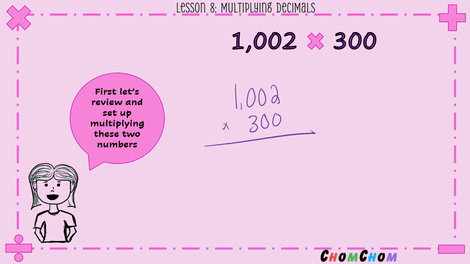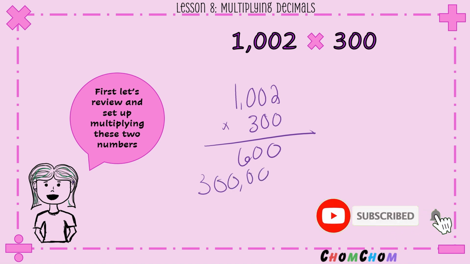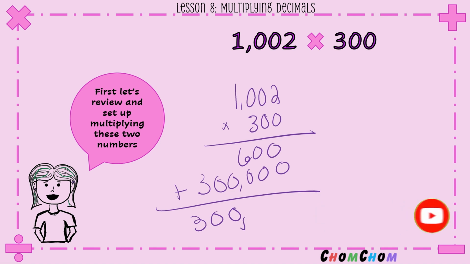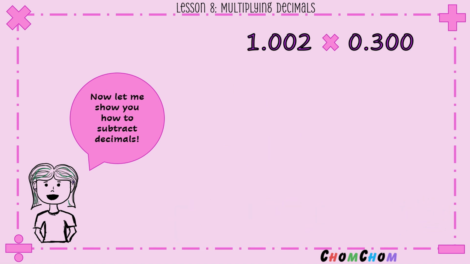Okay, so first we do 2 times 300, which is going to be 600, plus 1000 times 300, which is going to be this. Then we add them all together. Get that. Final answer. Alright, now we want to multiply the decimals.